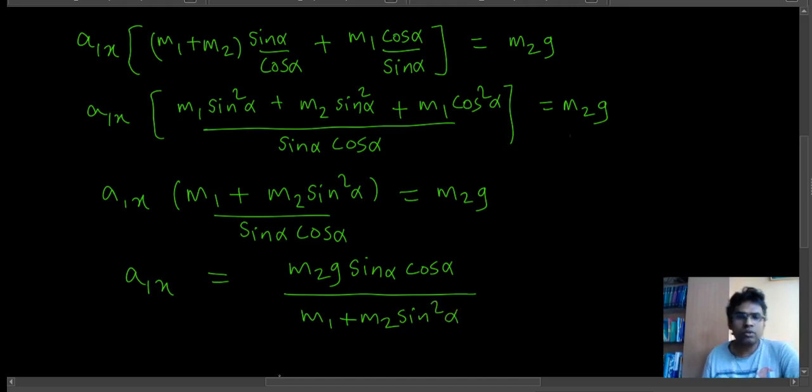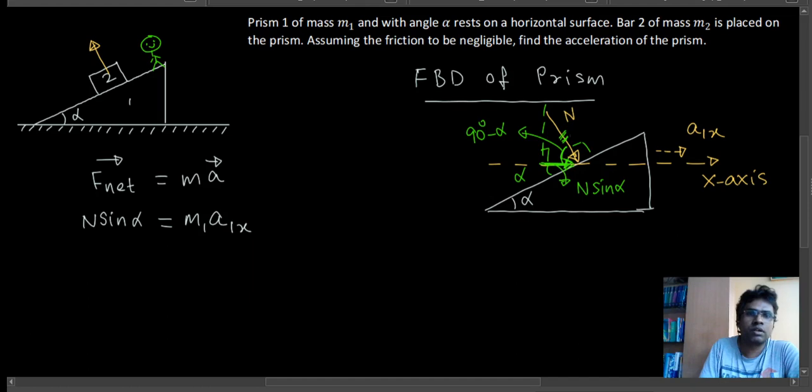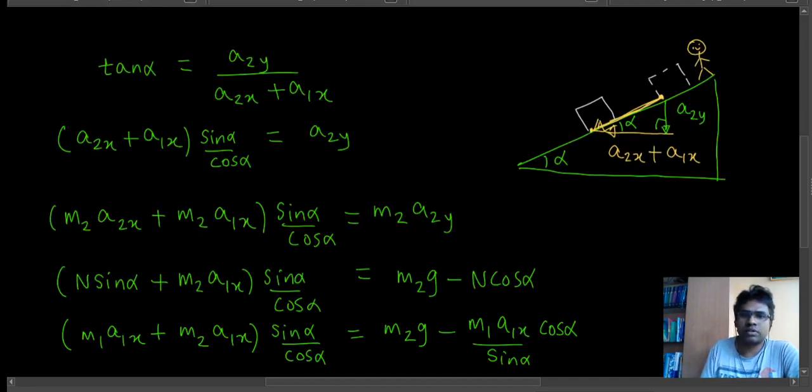Okay, I know this problem is quite lengthy, but if you pay attention to only the concepts, the key is to get the free body diagram of the prism and the bar correctly, and also the constraint relation. Here we are able to get the acceleration of the bar relative to the prism, and then we were able to tie those accelerations with this angle alpha.